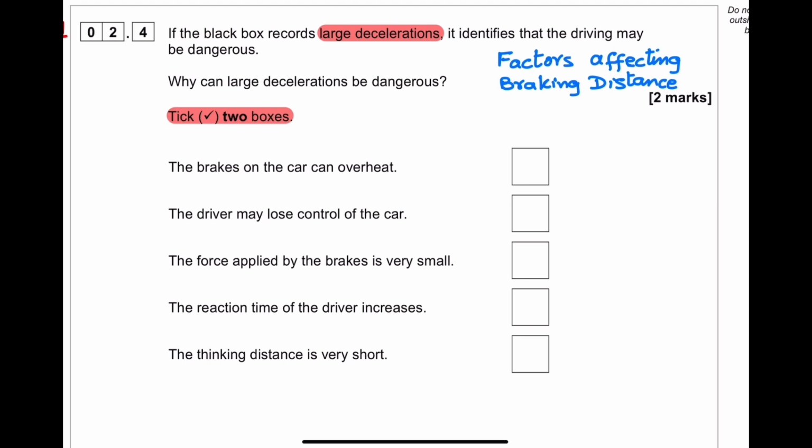When the deceleration is happening on a larger scale, it means the brakes of the car will get overheated and the driver may lose control of the car. So the correct options are: the brakes of the car can overheat, and on applying the sudden brakes, the driver may lose control of the car.